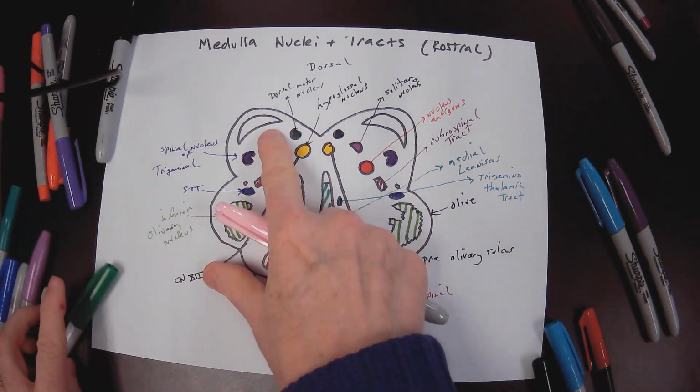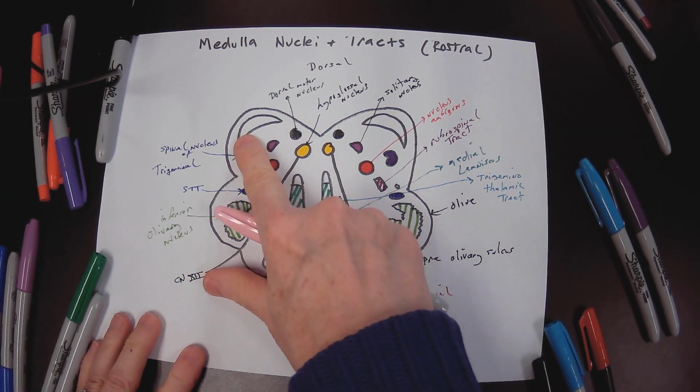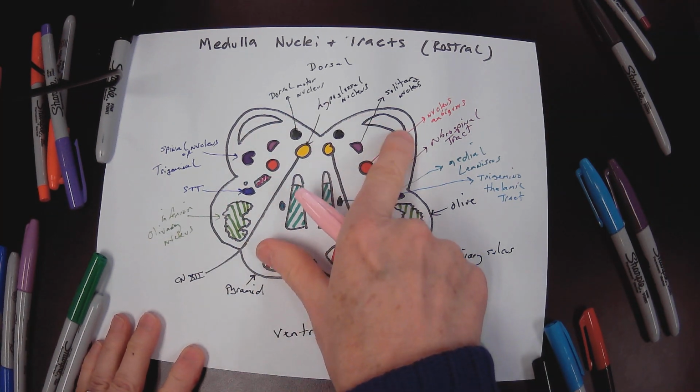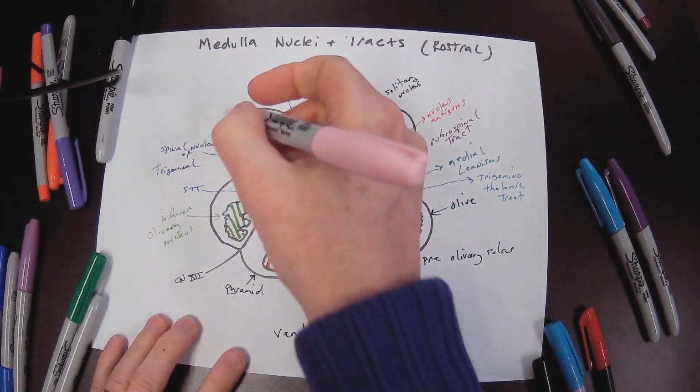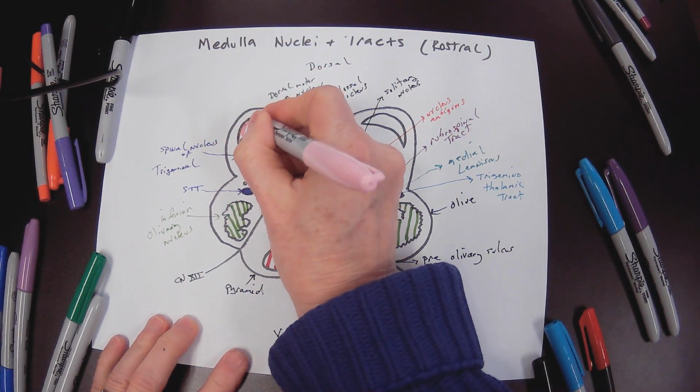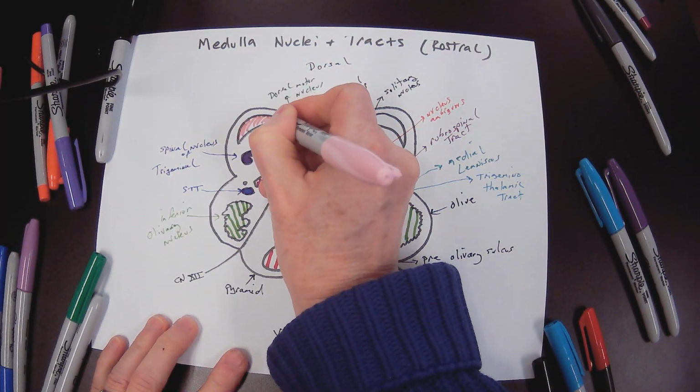And this, you get a little bit of this as a connector. This is the most inferior connector of the brainstem to the cerebellum. And this right here is going to be your inferior cerebellar peduncle.